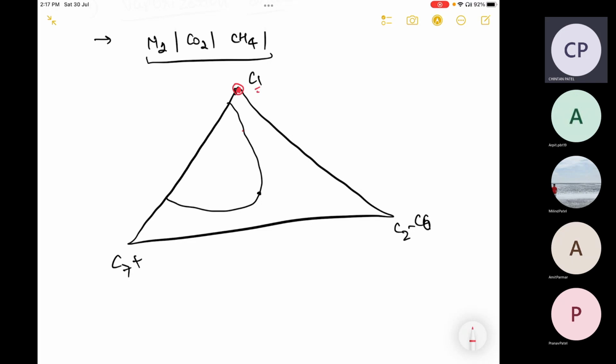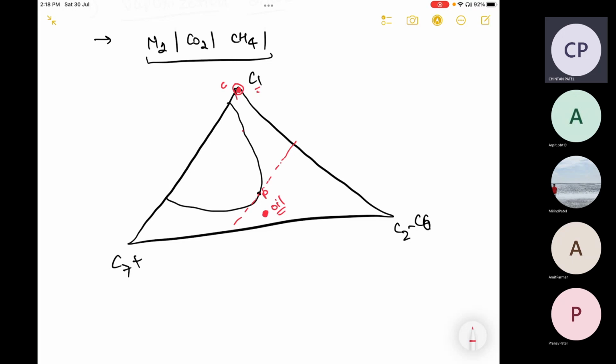Let's suppose this is my critical line, and this is my oil. This is the point C where I'm injecting the methane.